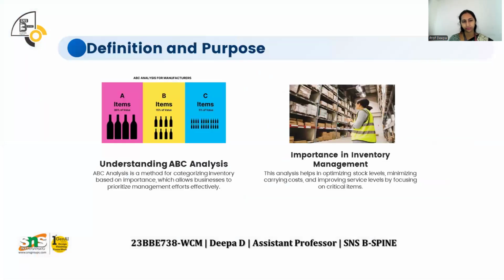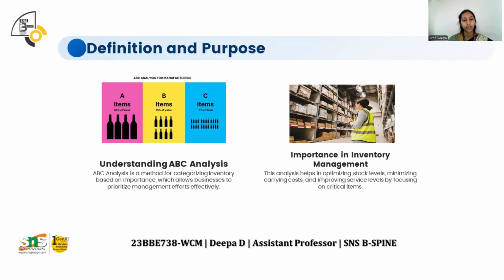Let me explain the meaning of this ABC analysis. It is categorizing items. Let us take A as most important, that is, it has the highest value. B, compared to A, is moderately valued goods, and C is the least valued goods.